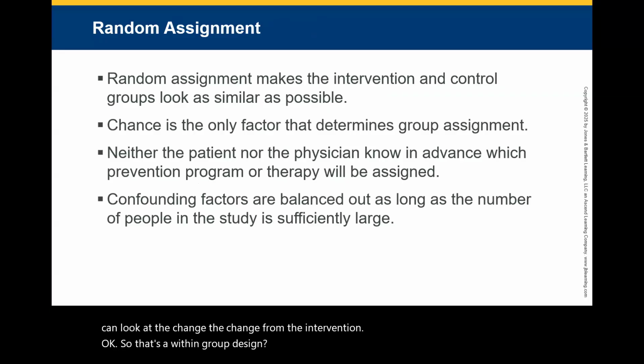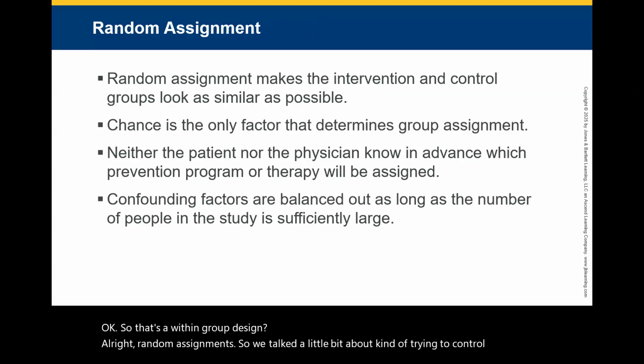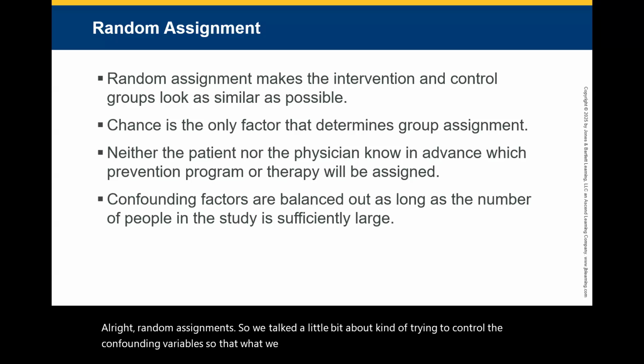Random assignment. So we talked a little bit about trying to control the confounding variables so that what we see is actually going to be a result of what we are intervening with, or whatever risk factor we're talking about.